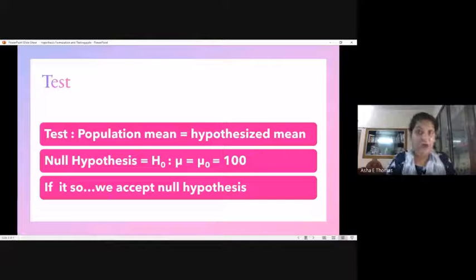But if that is not the case, I'm going to reject the null hypothesis and go with accepting my alternative hypothesis. In that case, we will write: the researcher is in a position of not accepting the null hypothesis, H naught.